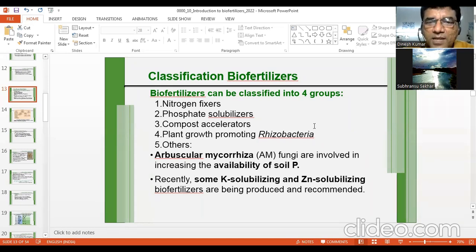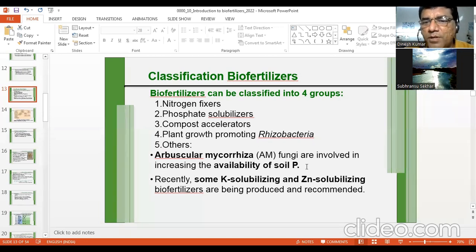And then compost accelerators, or you can say decomposers. Decomposers are also there. Plant growth promoting rhizobacteria. So this is actually an assembly of nitrogen fixers and others. Others may include AM fungi here.